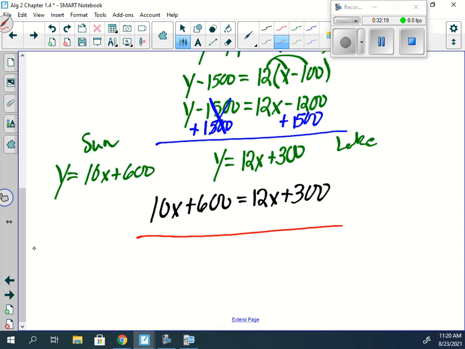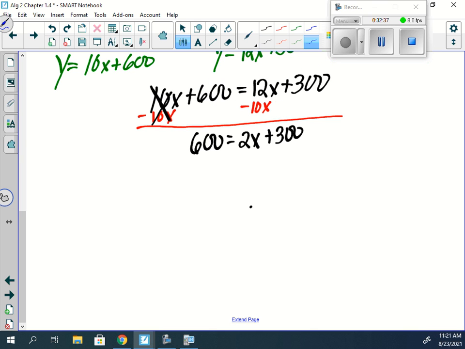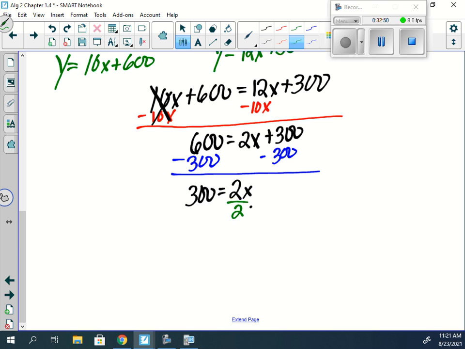What can we do first? Yes, we can subtract 10x from both sides. Because 10x minus 10x would be 0, leaving us with 600 is equal to... Yes. $300 is equal to... So x is equal to 150.